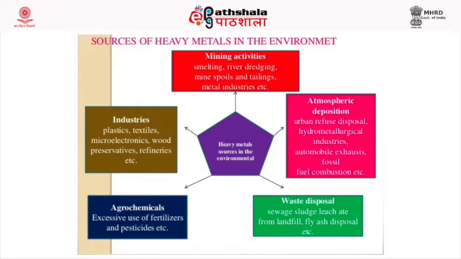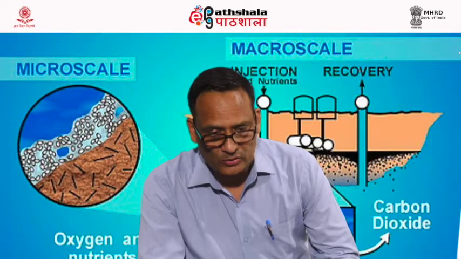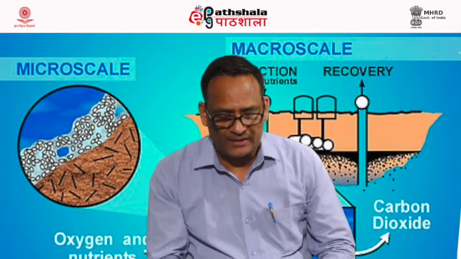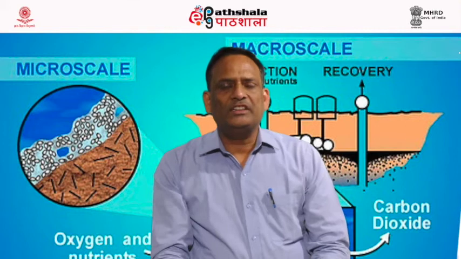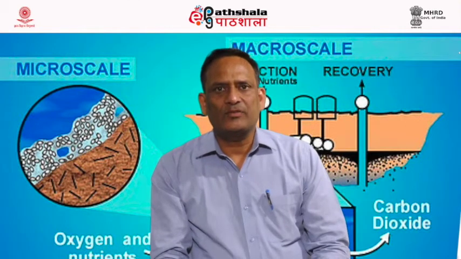The mining activities may include smelting, river dredging, mine spoils and tailings, metal industries, etc. Similarly, there may be atmospheric deposition, there may be waste disposal, then agrochemicals. Excessive use of fertilizer and pesticide may also result in deposition of heavy metals, because some of the pesticides contain heavy metals.